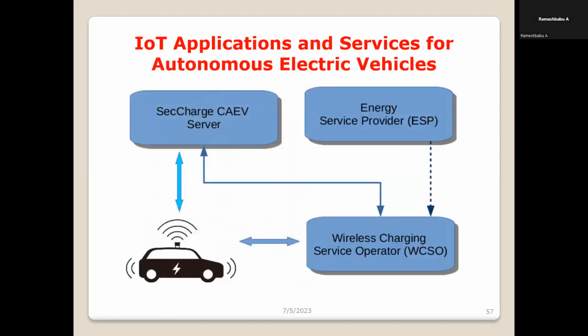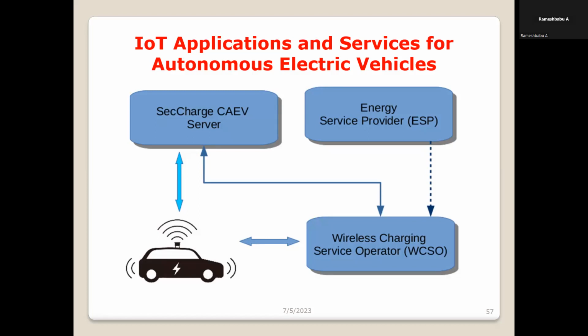And another thing, IoT applications in autonomous electric vehicles. This is from a recent research article from the Arabian Journal of Science and Engineering, mainly on connected and autonomous electric vehicles, CAEV. Connected and autonomous electric vehicles will evolve in ways that will have a major impact on transportation infrastructure, on the automotive industries, as well as on vehicle ownership.